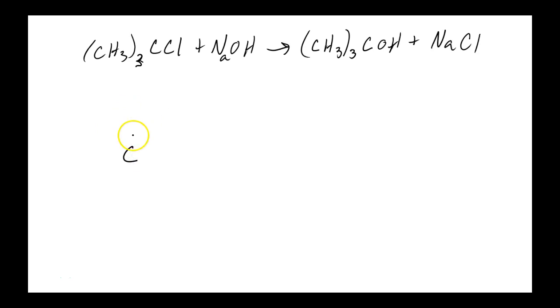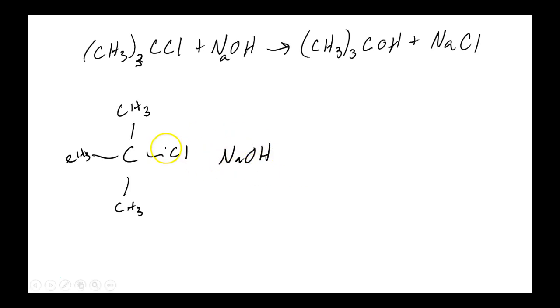And I like to picture these things. Here's the carbon with 4 bonds on it, and 3 of these bonds are methyl groups, CH3, CH3. But this one is a Cl here. And then you bring in an NaOH.